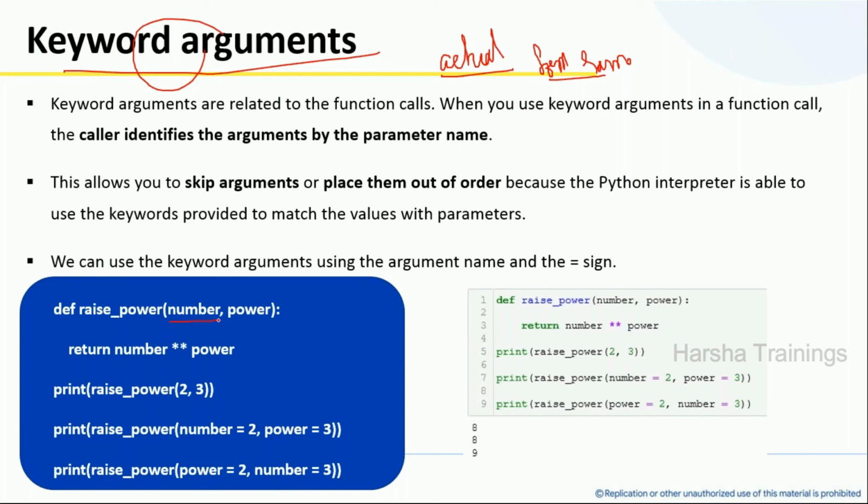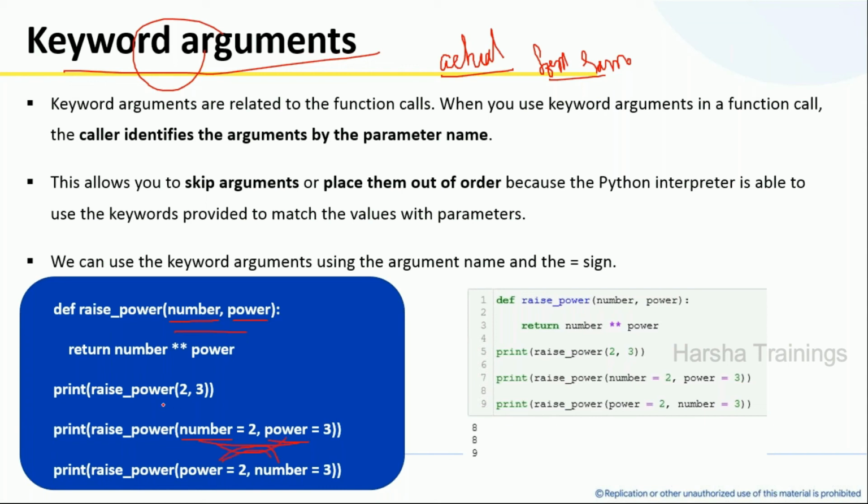Number is a formal argument, power is a formal argument. Sorry, these two are actual parameters, these two are formal parameters. Then I can interchange them by providing arguments. Number and power, I'm interchanging as power and number. Whenever I call, I can call them as number comma power or power comma number.